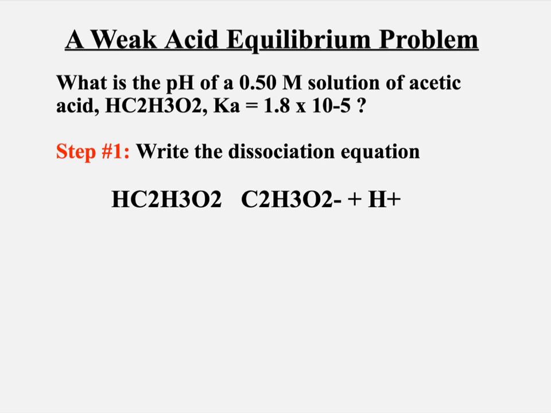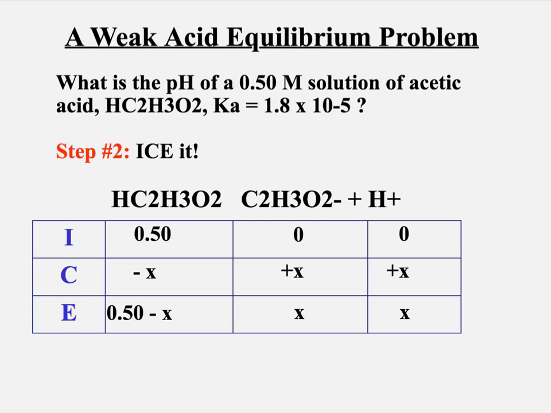So, if that's the case, and we have an ice table, what we're looking for is this one. When we find X, we find the concentration of H plus ions, just like we did in the last chapter. But now we do something with that X. We take the negative log.